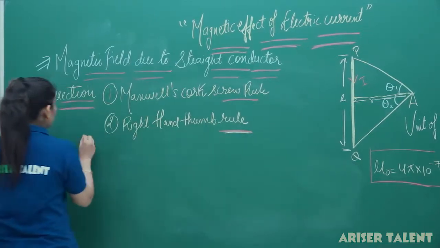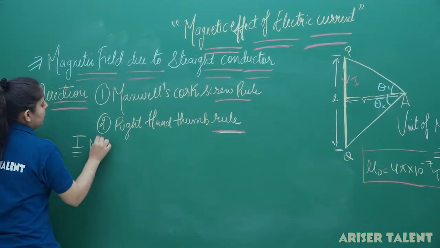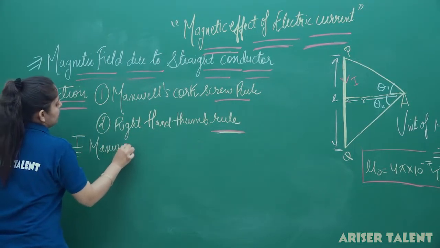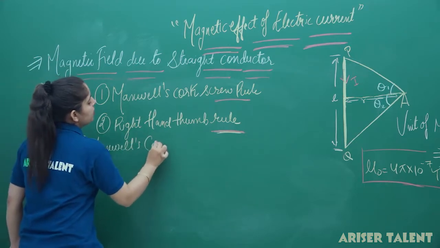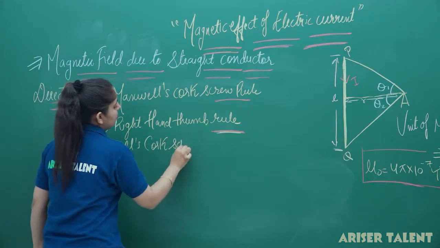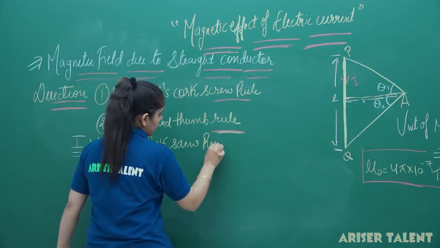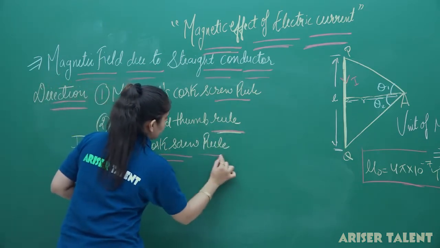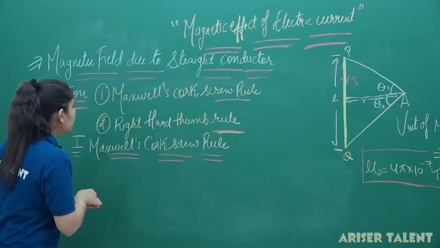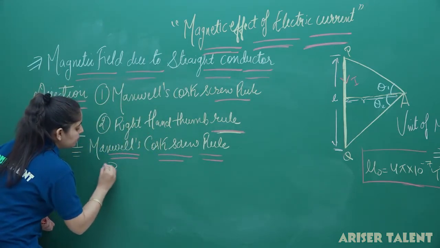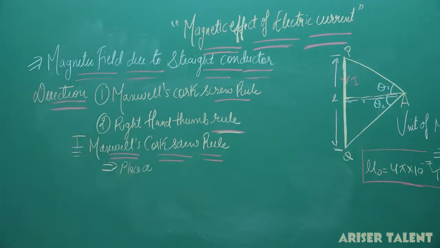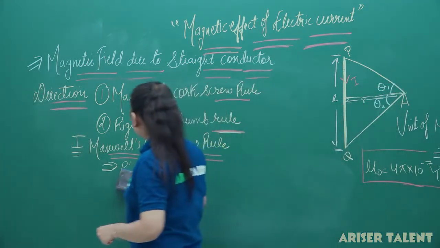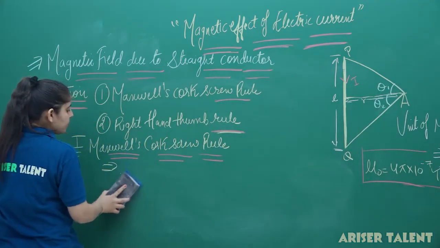In our first rule, Maxwell's corkscrew rule, we are imagining a right-handed corkscrew.